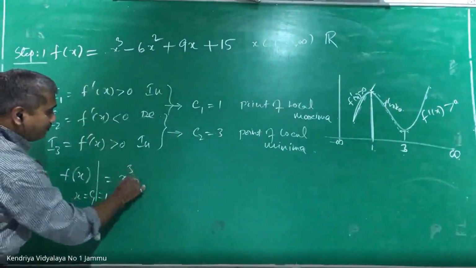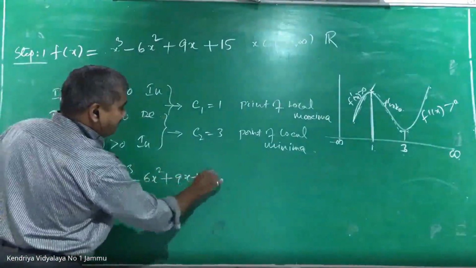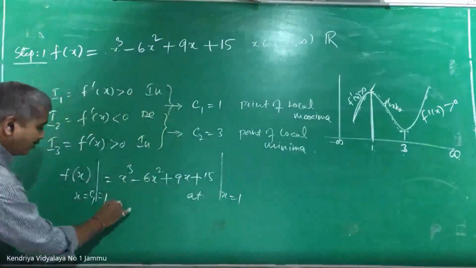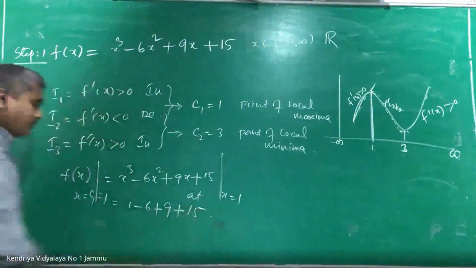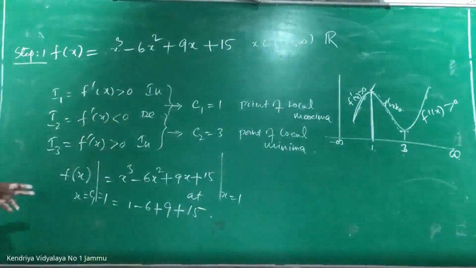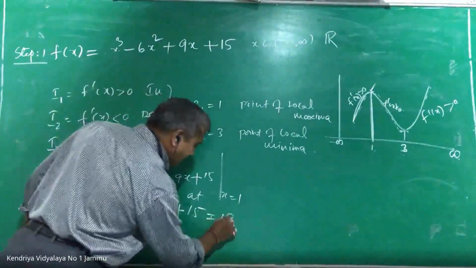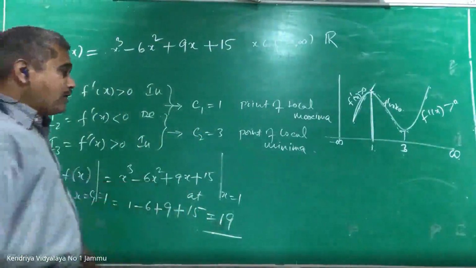X cube minus 6x square plus 9x plus 15 at x is equal to 1. Put the value 1. 1 minus 6 plus 9 plus 15. So 15 plus 9, 24 plus 1, 25. 25 minus 6 is 19. This is the value of local maxima.